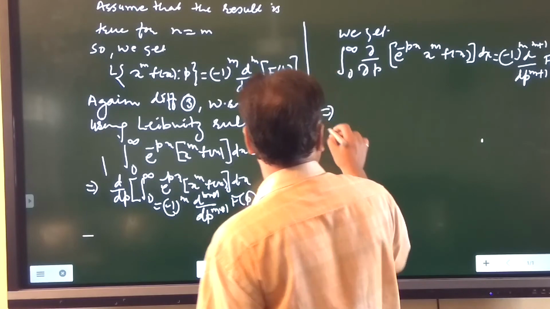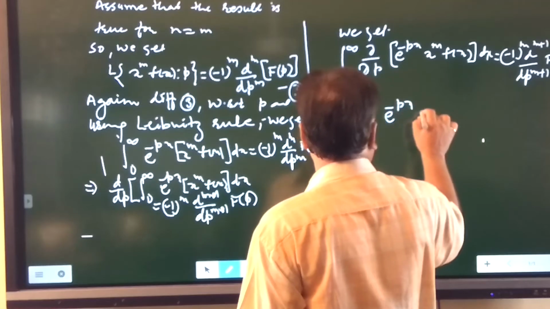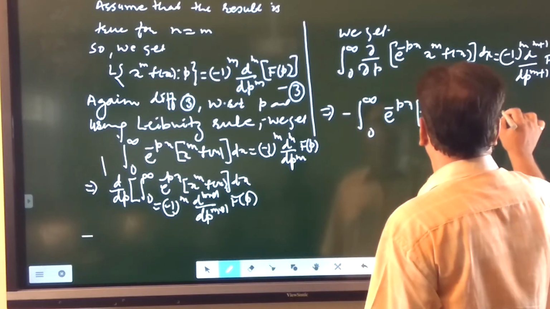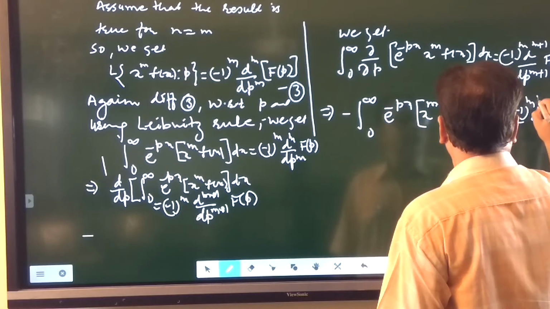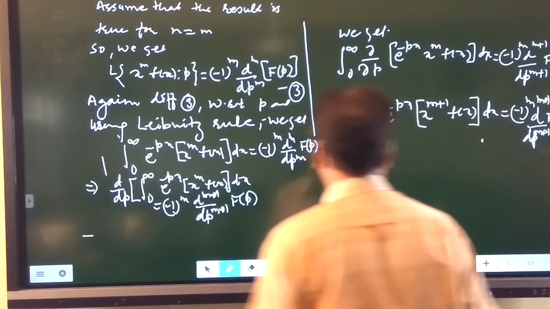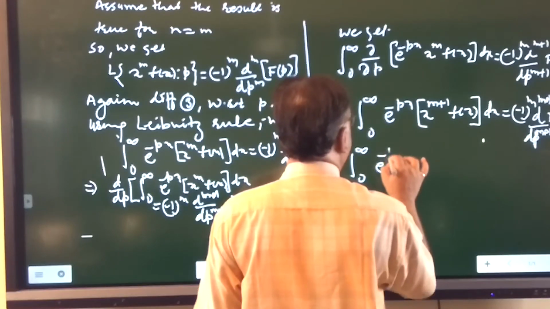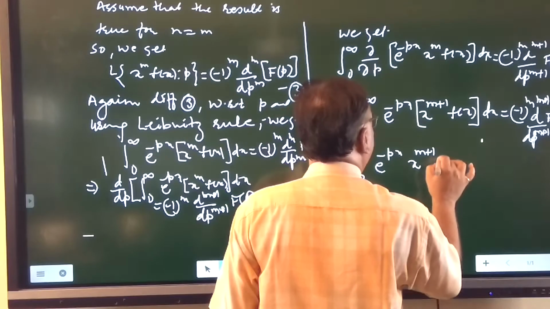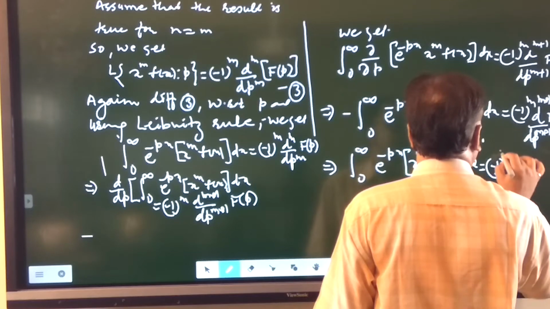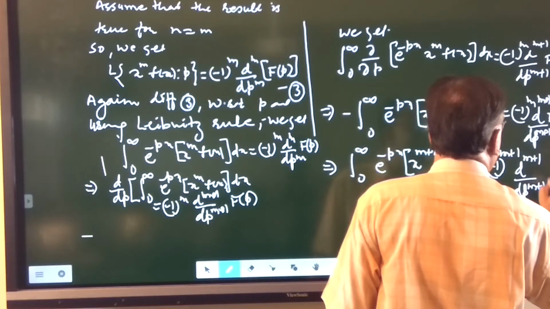So here it is minus integral 0 to infinity e raised to minus px x raised to m+1 f(x) dx is equal to minus 1 raised to m d^(m+1) upon dp^(m+1) of F(p), and this gives integral 0 to infinity e raised to minus px x raised to m+1 f(x) dx is equal to minus 1 raised to m+1 d^(m+1) upon dp^(m+1) of F(p).